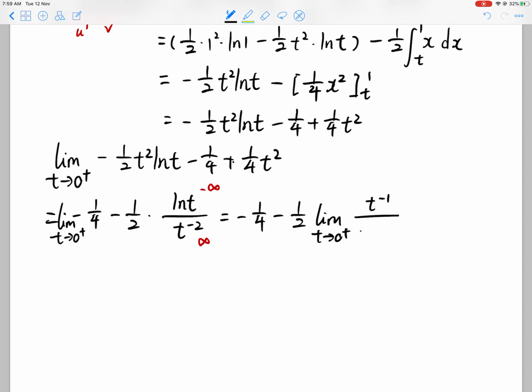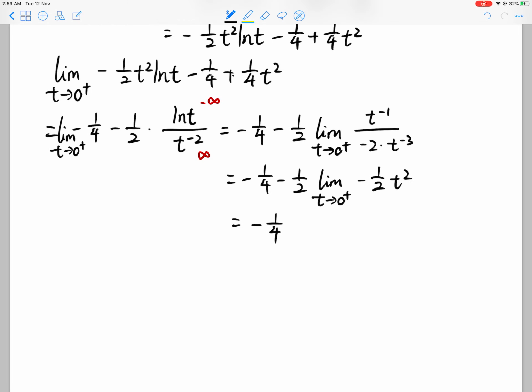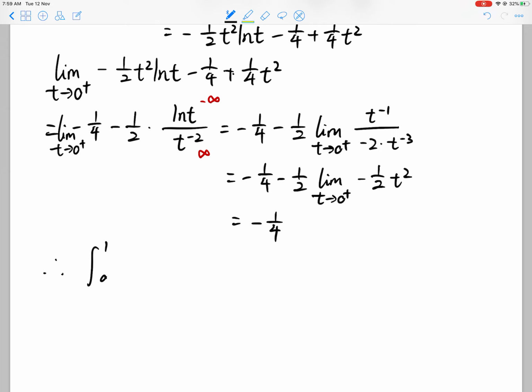You differentiate the bottom, it's negative 2 times t to the power of negative 3. So this is t squared. Anyways, when t is approaching 0, it's approaching 0, so the answer is negative 1/4. That's why finally your integration from 0 to 1 of x ln x is negative 1/4.